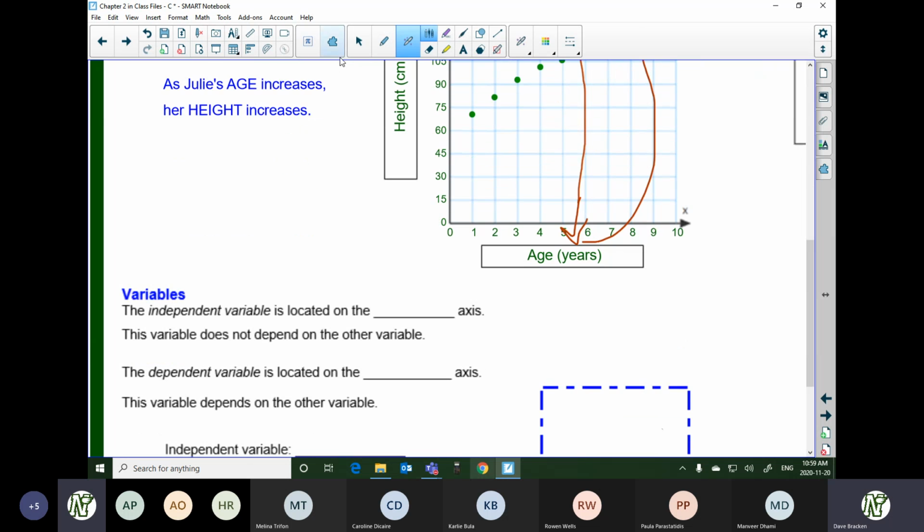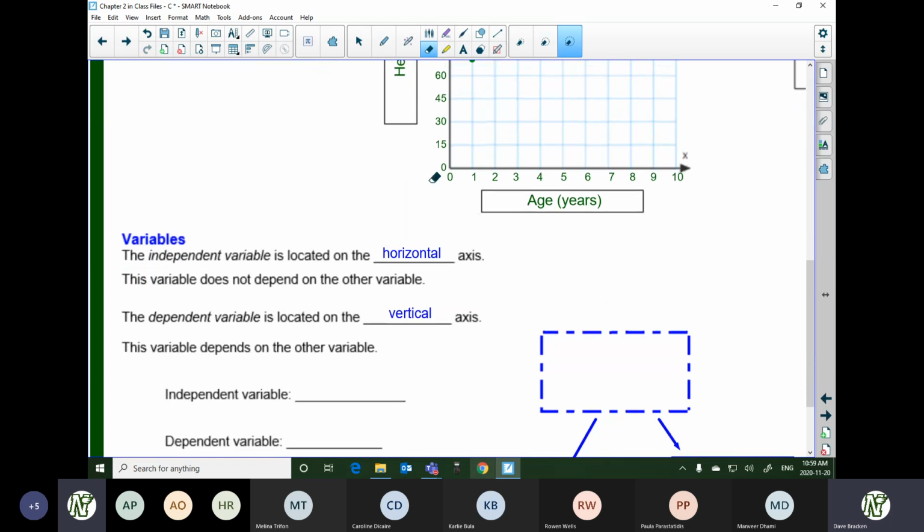So the independent variable is located on the horizontal axis, whereas the other variable, we call the dependent variable, is on the vertical axis. Horizontal is like the horizon going straight across the water line, vertical is straight up and down. So which is our independent variable? In our case, it's age.